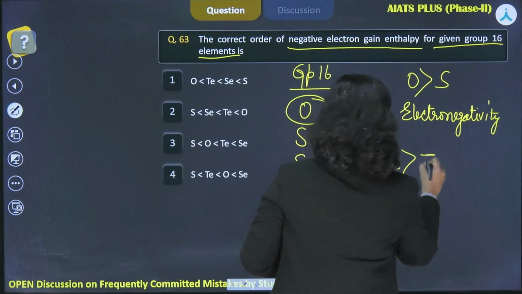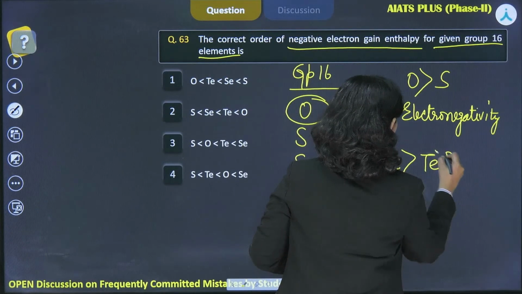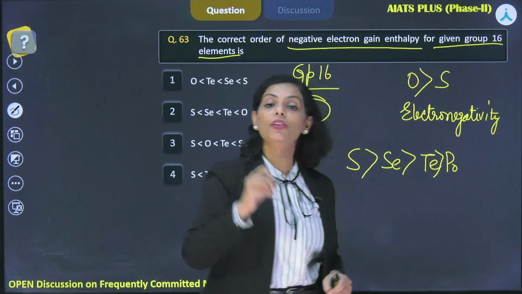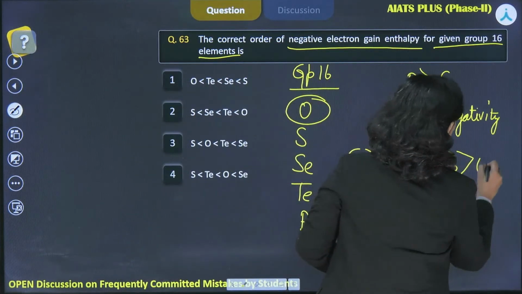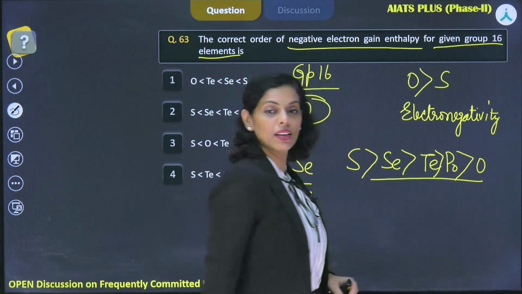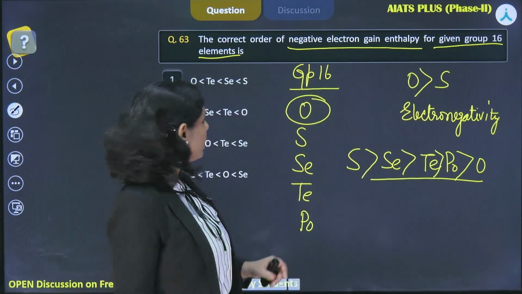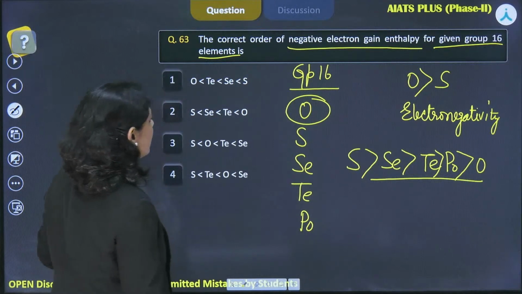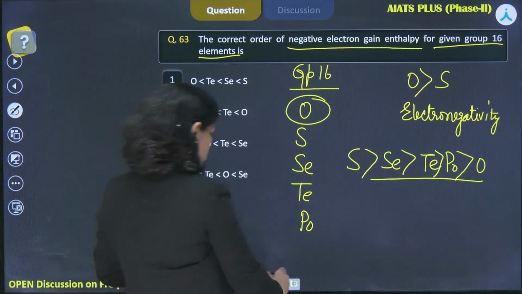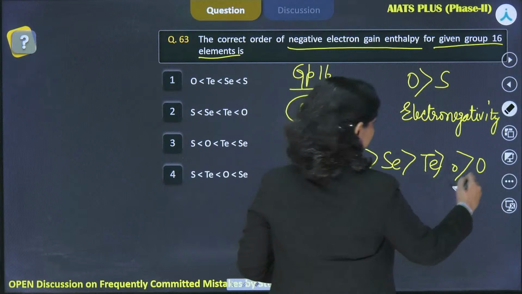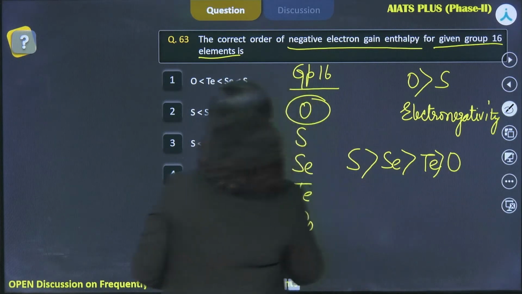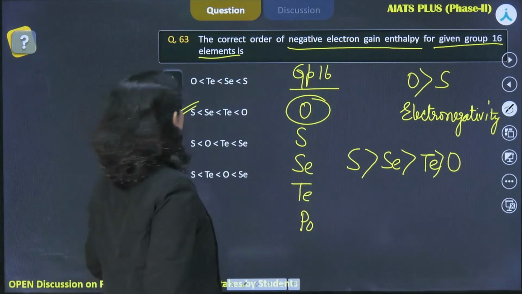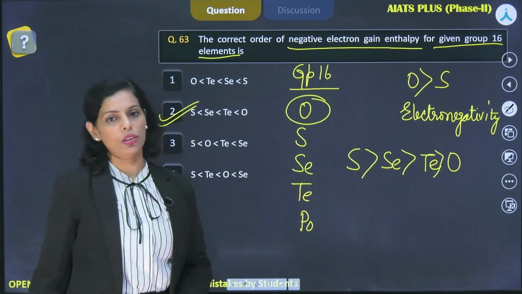This is a very different order. If you just look at group 17, you find that after chlorine, fluorine is there. But oxygen will find the position at the end, this way, right? So, the correct order: sulfur, selenium, tellurium, though they left polonium, so I will erase polonium from here. Instead of that, I will be writing oxygen. So, this order is here in option 2. Clear? Sulfur, selenium, tellurium and then oxygen.